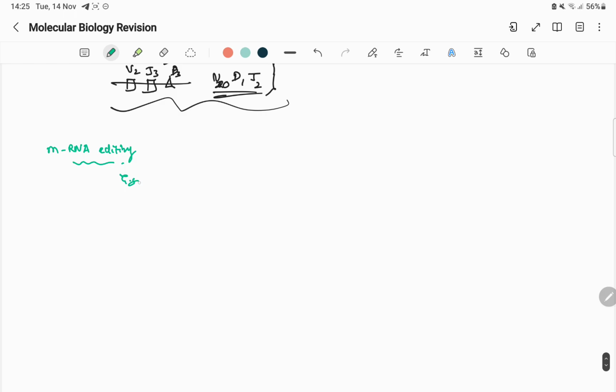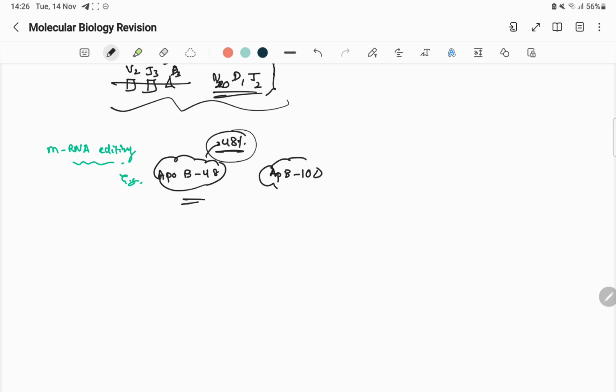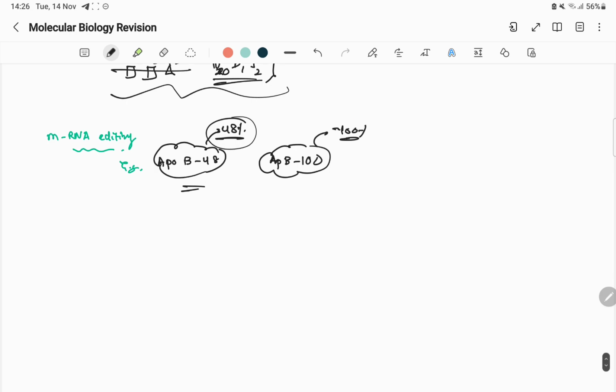A very famous example for mRNA editing is ApoB48 and ApoB100. Here the chain growth is stopped at 48%. Protein synthesis is stopped at 48%, but in the other the protein synthesis has occurred till 100%. The difference is that ApoB48 is produced in the intestine, and ApoB100 is produced in the liver.